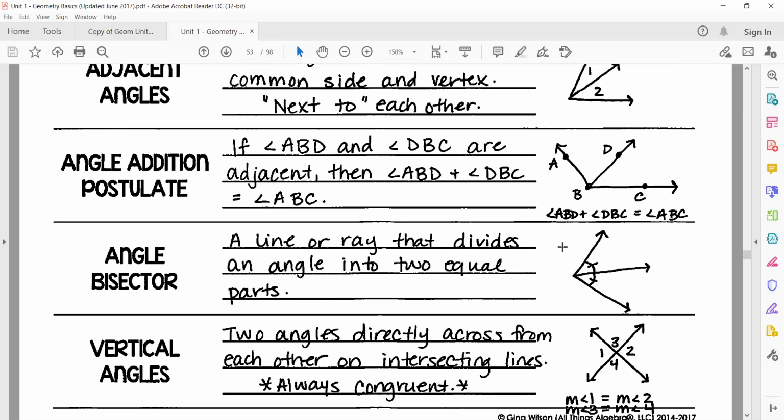And this one is important also for the way this graphic is drawn. Because there's no words with this drawing that tells me that this is an angle bisector situation. But these little half circles here with the single dashed line that cuts through them, those are congruency marks.